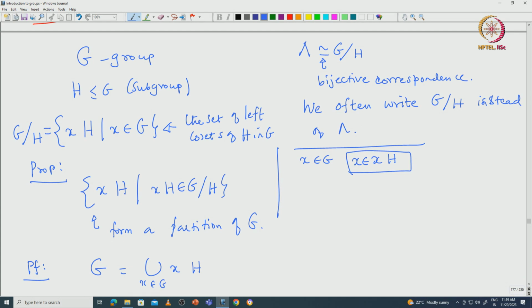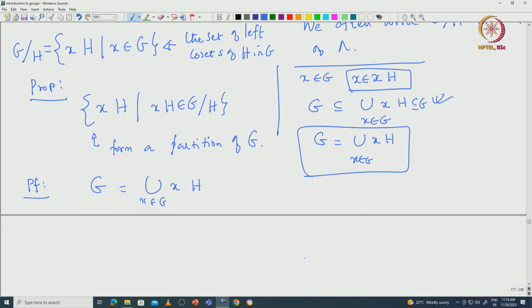So, that implies G is a subset of the union of XH, X in G. And because H is a subgroup, XH must be a subset of G for every X in G. So, that implies G is equal to the union of XH, X in G.